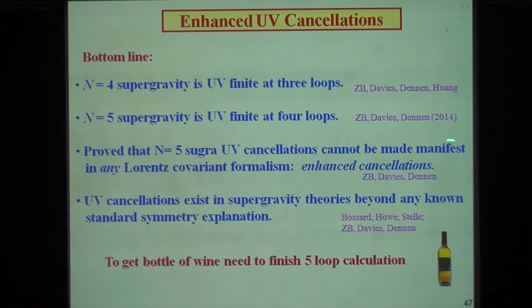We called this phenomenon enhanced cancellations. These are not the same types of cancellations that our friends have been talking about. The types of cancellations they talk about and study are exactly the same kind you find in gauge theories. These are not cancellations that occur in gauge theories, and we proved that they're of a different class.